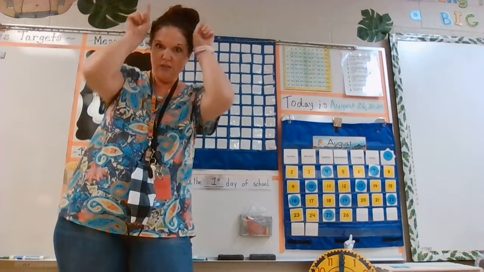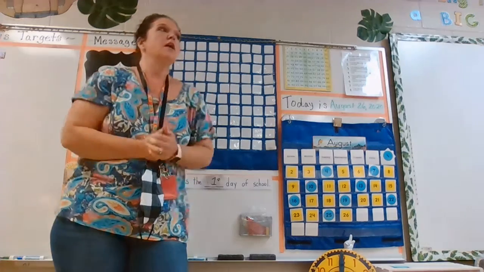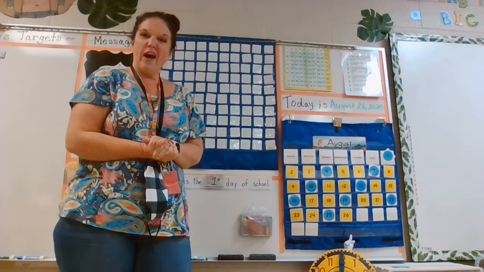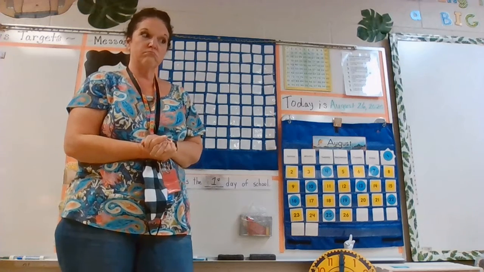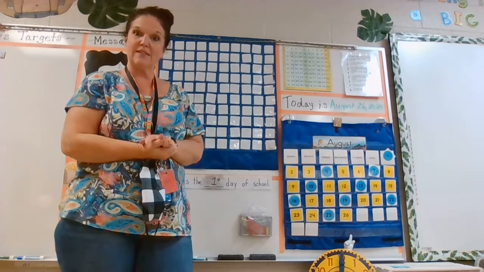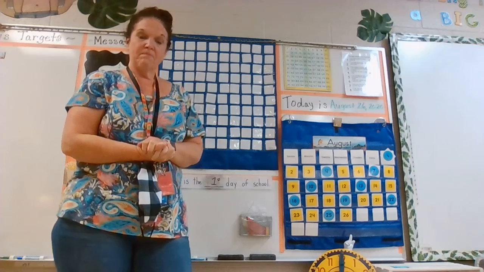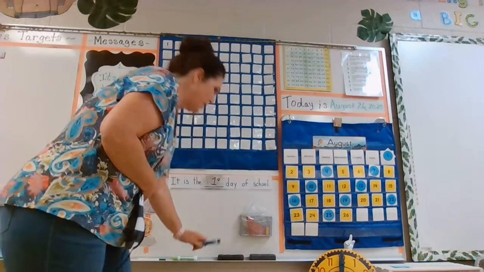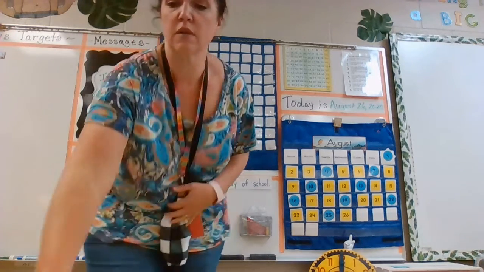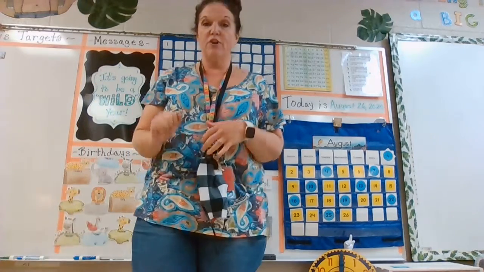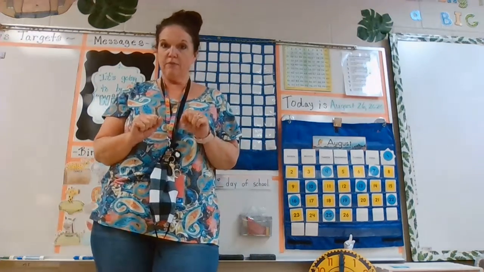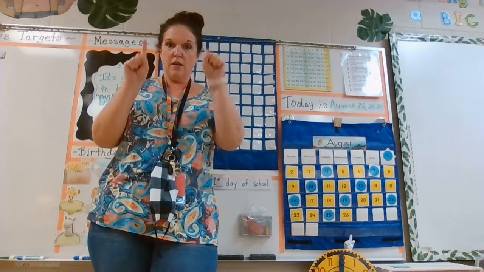Using your bunny ears, I know you guys have done that before. Think about all the ways there are to make 1. I can think of 2 ways. How about you do it with your bunny ears, or you can hold it up for your parents or a babysitter.